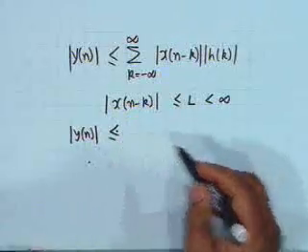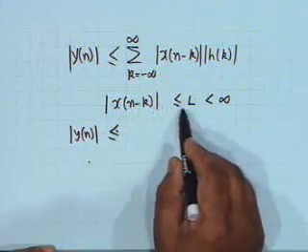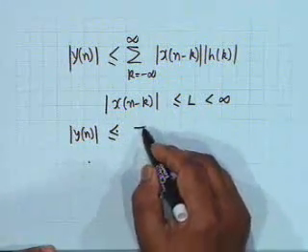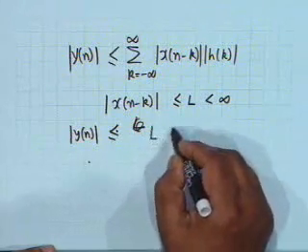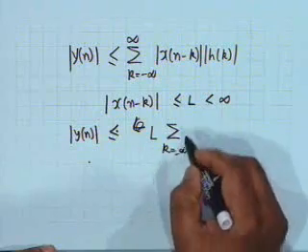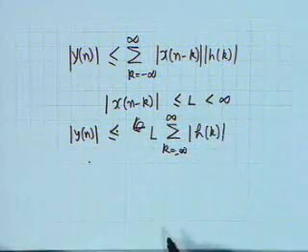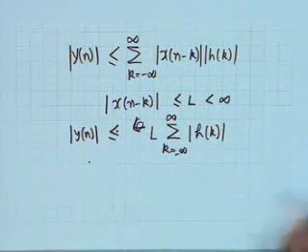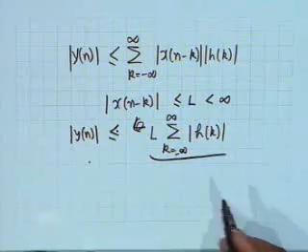The mod y of n, if I substitute mod x of n minus k less than or equal to L, obviously this would be L multiplied by summation k equals minus infinity to plus infinity mod h of k. And what you want is that this quantity should be bounded.